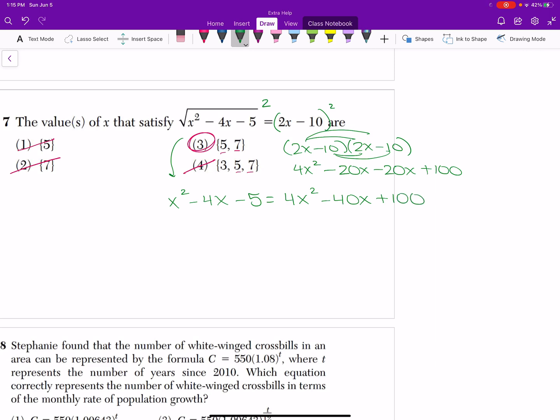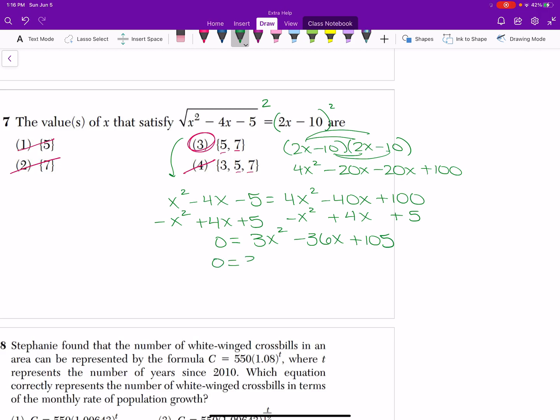Because I have something squared, I'm going to set it equal to 0. So subtract the x squared over, add the 4x, add the 5, and I get 3x squared minus 36x plus 105.